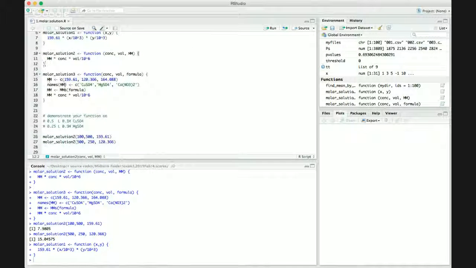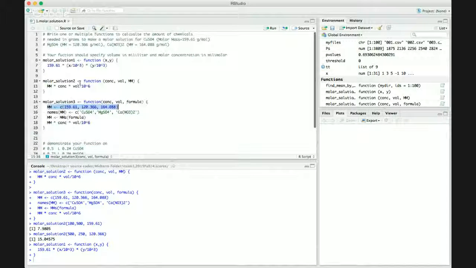The third function I created is called molar solution 3. Here I have a function which has the concentration, the volume, and the formula. I assigned MM these values, and if you notice, they are the same molecular masses that were given in the beginning of the question up here.